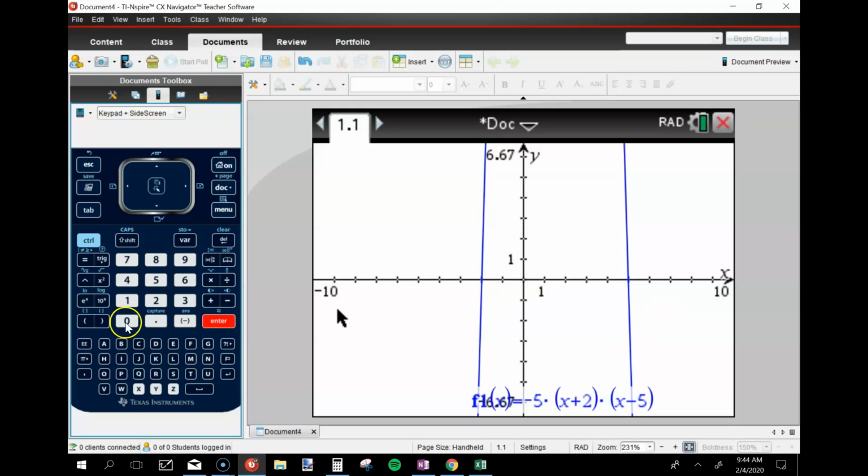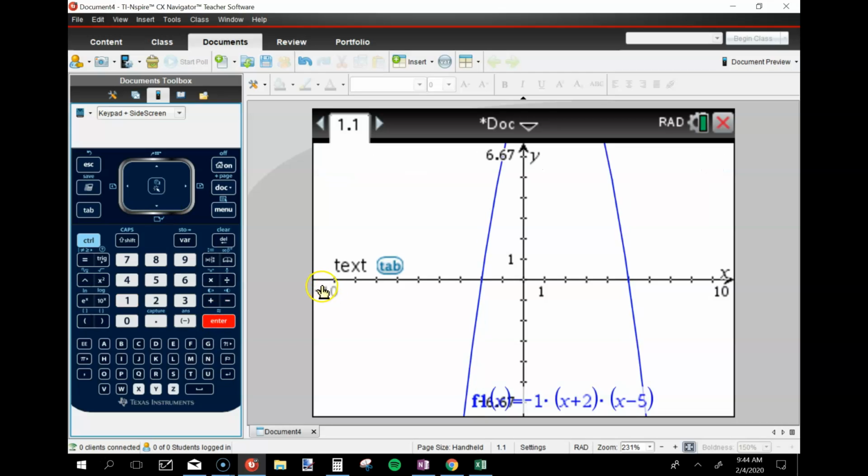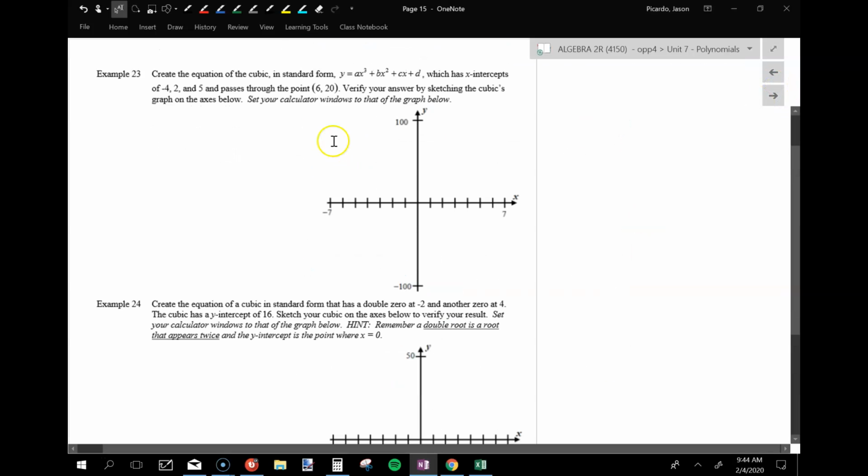Can you tell? If I really want to emphasize that, what if I did -1, and then you can really see it widen out a little bit. Okay, so the A value does not matter in terms of the roots, does it? All right, skip past that.